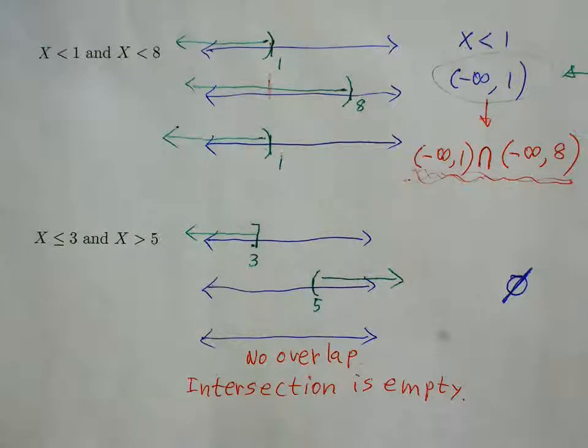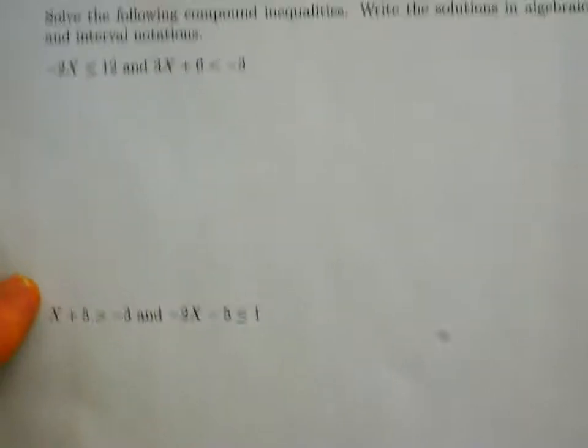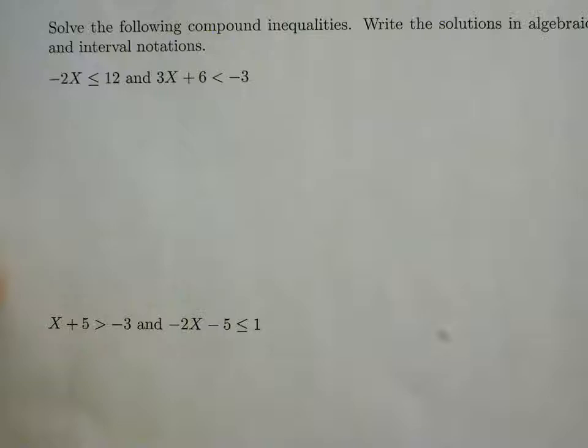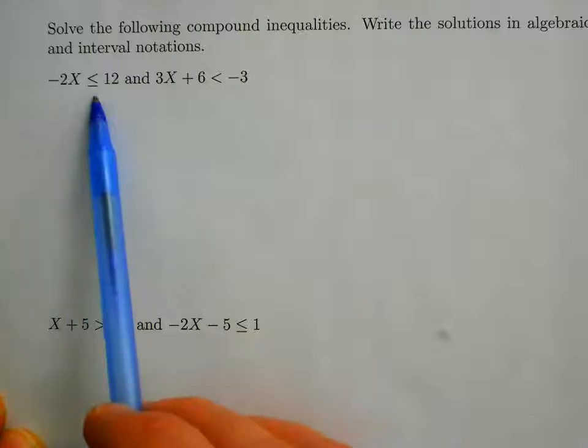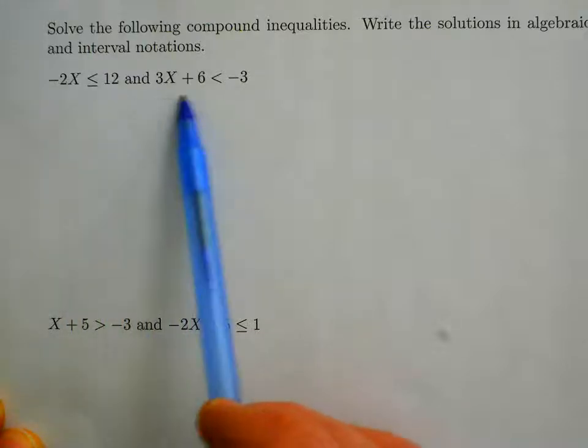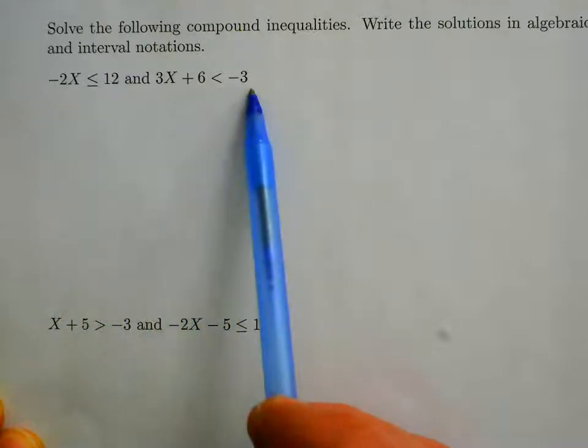Okay, we'll look at a few examples that are a little more involved, but they will boil down to some of the examples that we've already seen. This will just require a little bit more algebra. So this one, negative 2x is less than or equal to 12, and 3x plus 6 is less than negative 3.